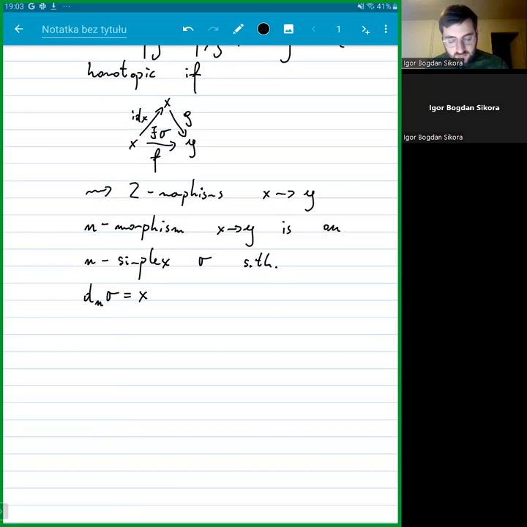In particular, I have an n simplex, I remove one vertex, I have a face opposite to this vertex, and all vertices in this face are equal to x. All edges are equal to the identity of x, and so on. And d0 up to dn minus 1 of sigma is equal to y. So this is an n morphism.